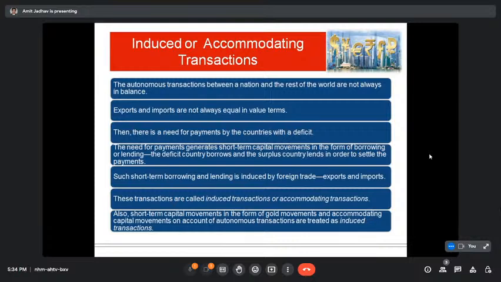For example, if India has a deficit in its balance of payment, it has to pay some more amount to the other country, because we are getting quite less in terms of export, but we are importing quite more compared to the export. That difference between import and export is the deficit, and to pay the deficit we have to get some amount from outsiders.